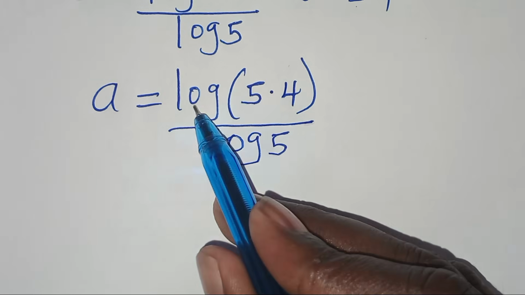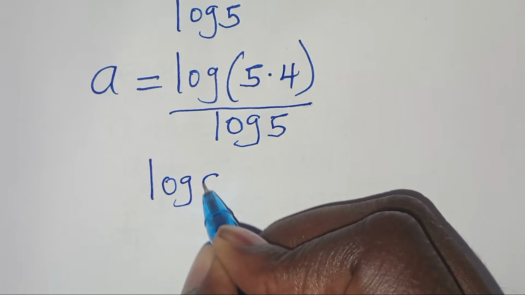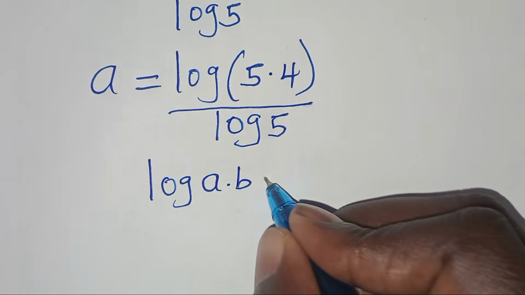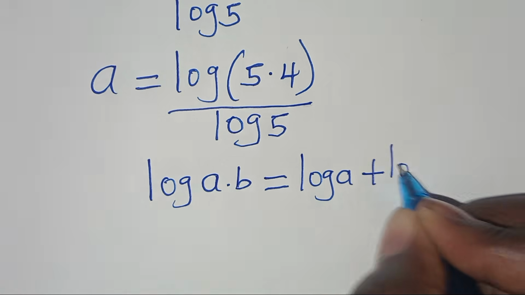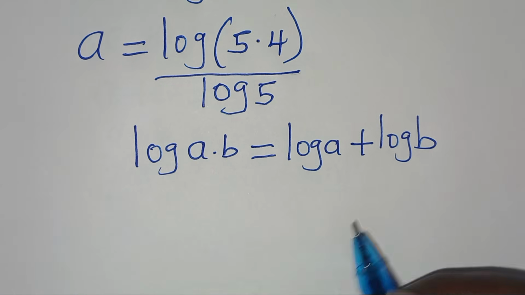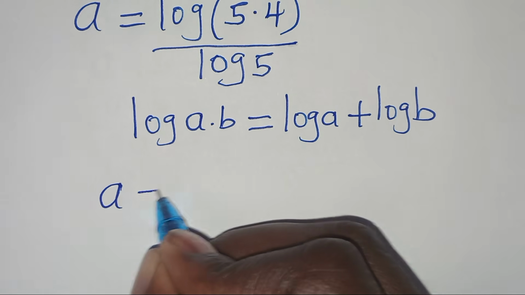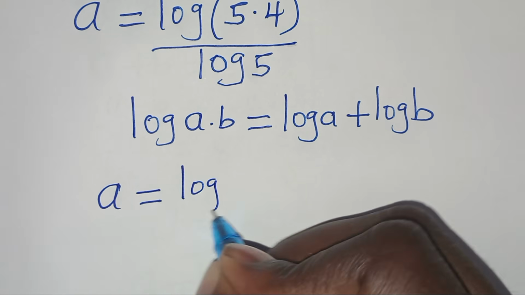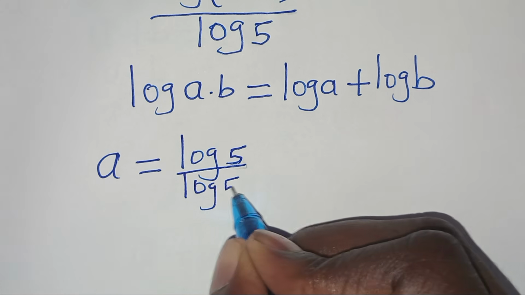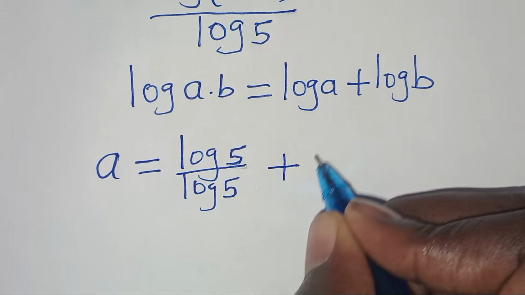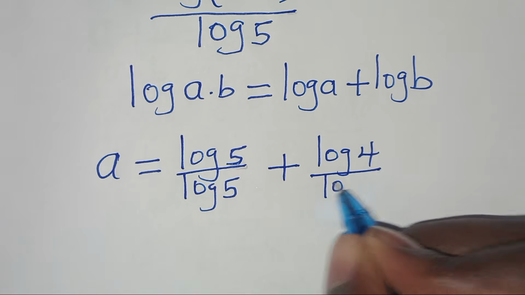Now we have that log 5 times 4 is in the form of log a multiplied by b, which can be expressed as log a plus log b. Applying this logarithm property, then we have that a is equal to log 5 divided by log 5, then plus log 4 divided by log 5.